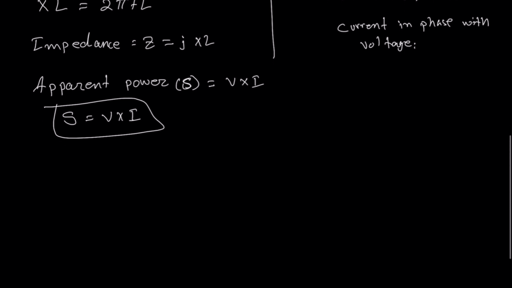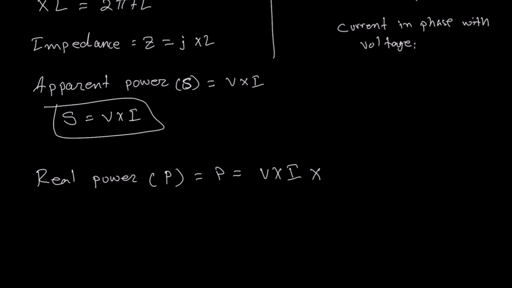Now we have another kind of power, which is real power, and we call that P. P is equal to V times I times cosine of theta, since the inductive current is lagging behind voltage, so we have a phase angle theta. It depends on how much lag there is between current and voltage.